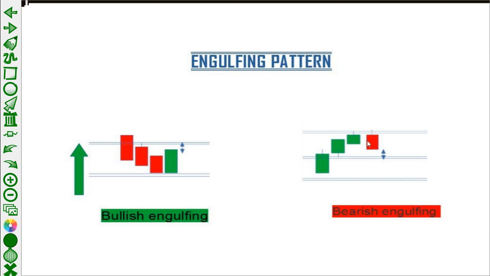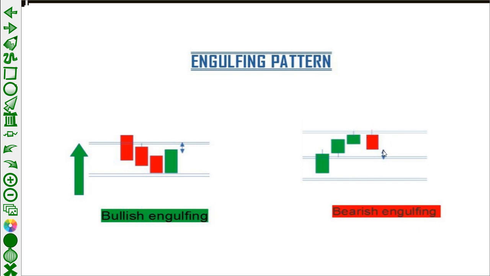And the red candle means now the sellers are activated and strong enough to push the buyers down. If it completely engulfed the first candle, it means there is more selling pressure than buying pressure, and the market is expected to go down at least one more candle time frame.